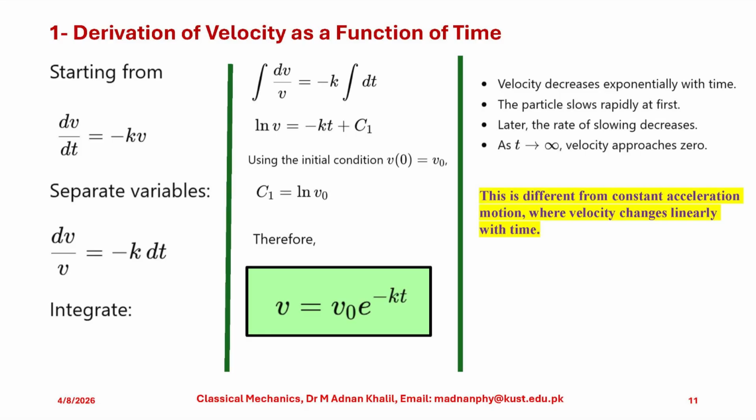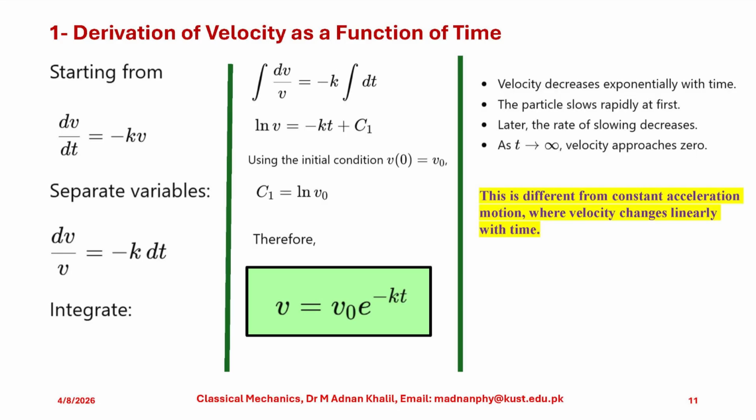Then we apply the initial condition v of 0 equals v naught, as given in the problem statement, which means at time t equals 0 the particle has initial velocity or speed v naught. That allows us to determine the integration constant.